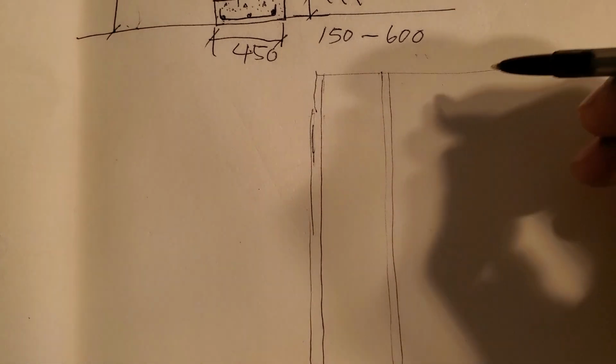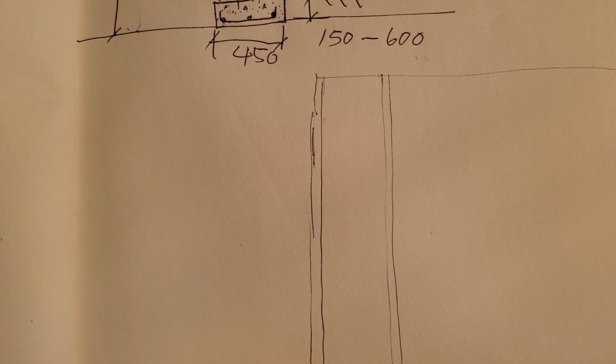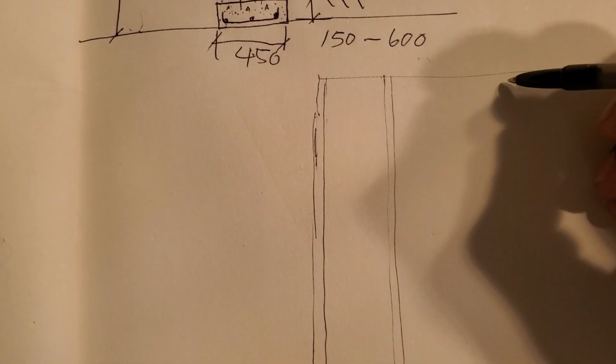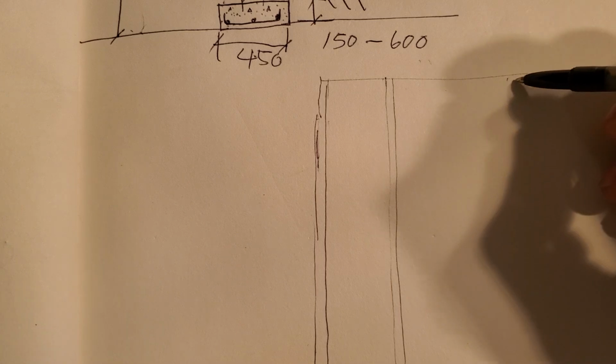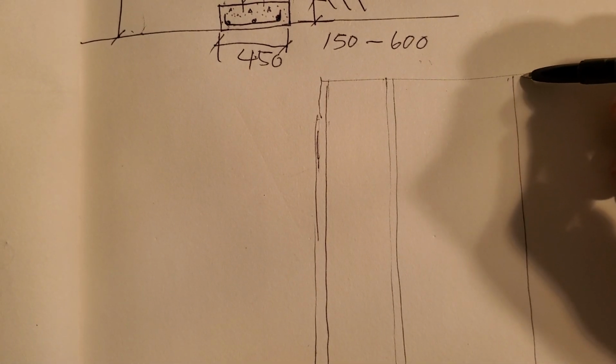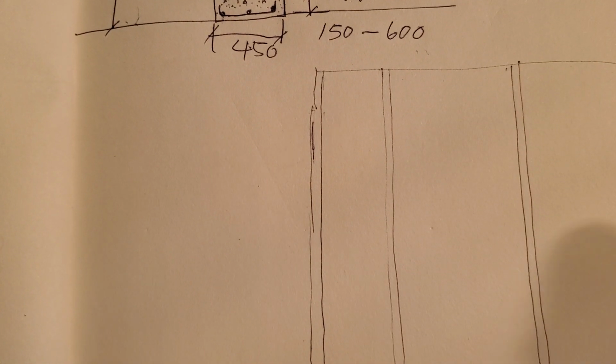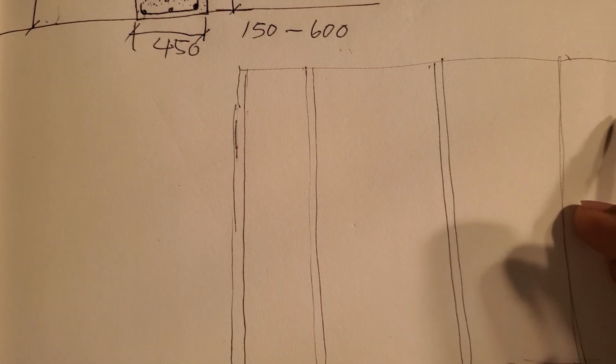Yeah, and they want us to show a door frame. So I'm going to add a door here. So here will be a space of my door. Space of my door there. And I'm going to add another stud here.